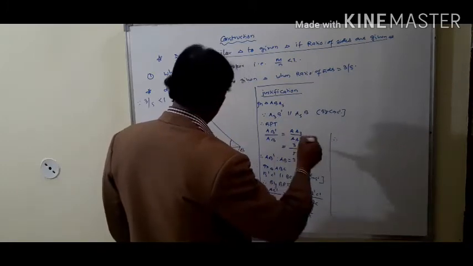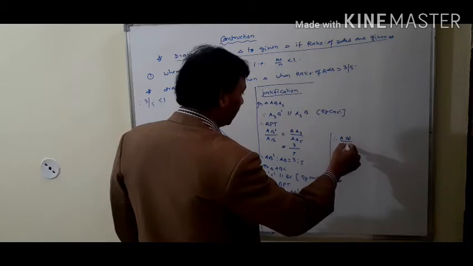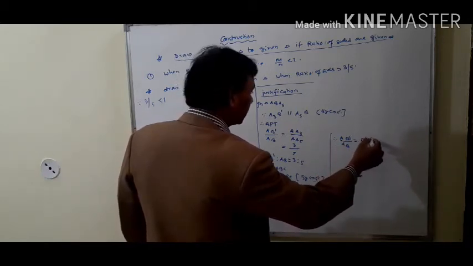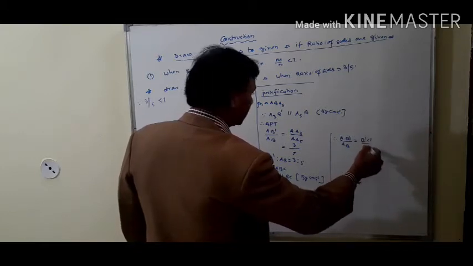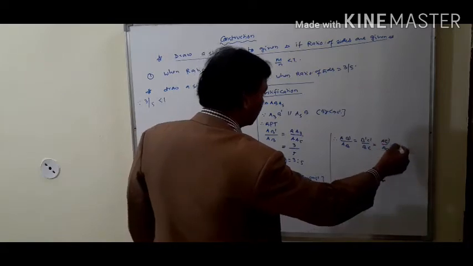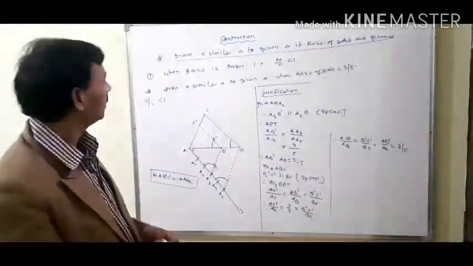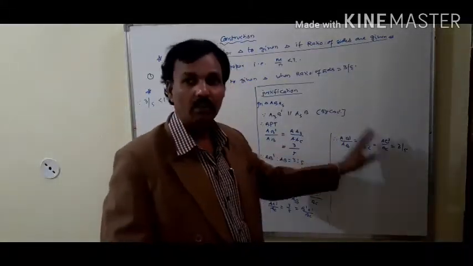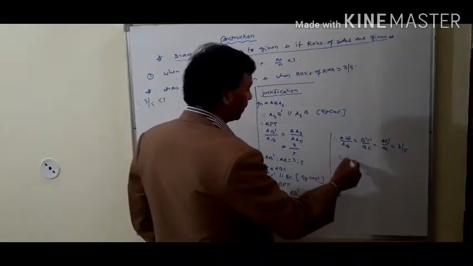Therefore, AB dash upon AB equals B dash C dash upon BC equals AC dash upon AC equals 3 upon 5. Now you can see the ratio of all sides of both triangles is equal to 3 upon 5, therefore justified.